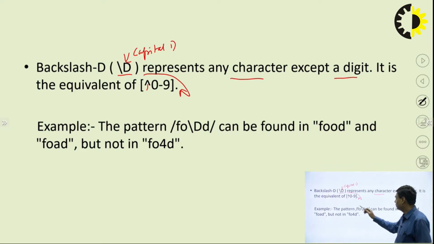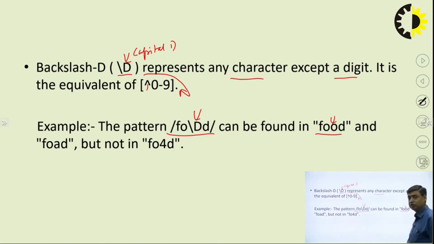So either you use backslash D or you use [^0-9]. Then look at an example. This regular expression is defined. At this position we are using backslash capital D. What is its meaning? The meaning is that digits are not permitted. Other than digits, any characters are permitted. So it can be found in this FOOD because at this position a digit is not there, but O is here.